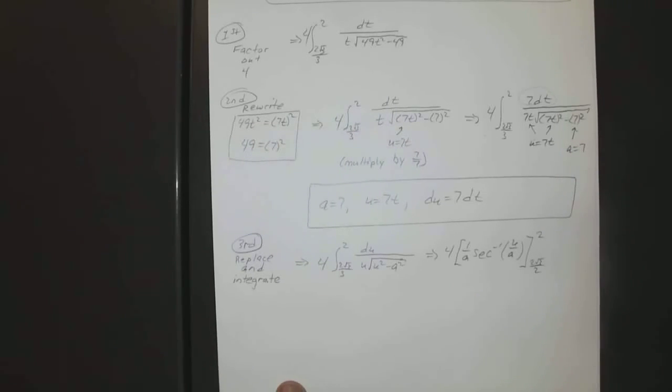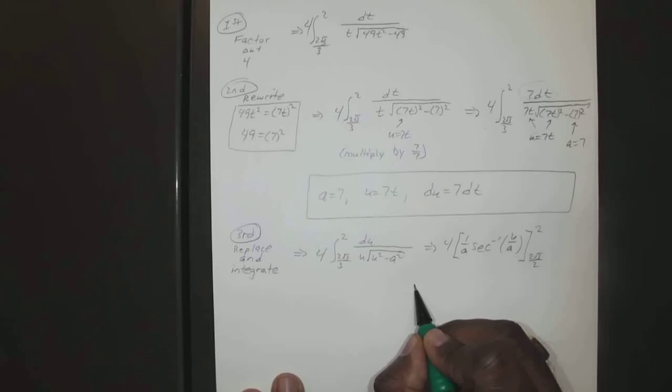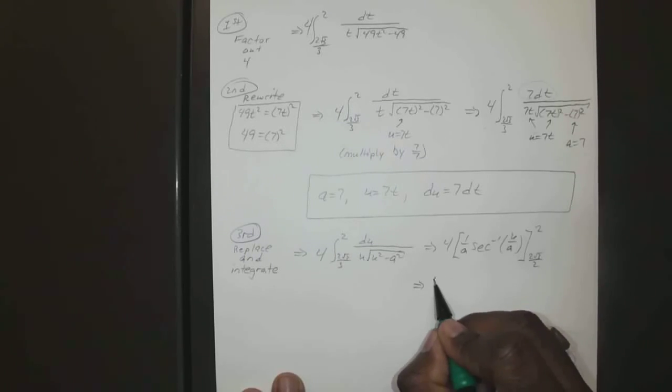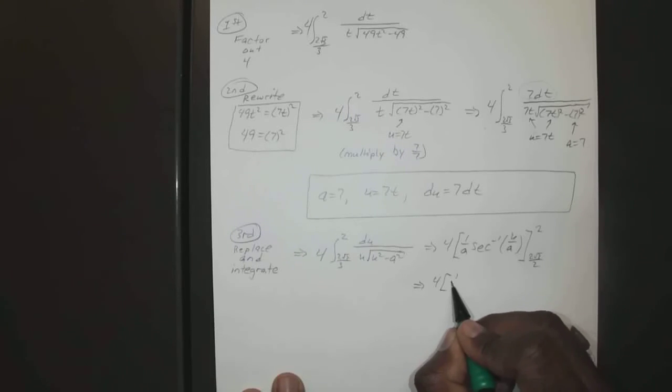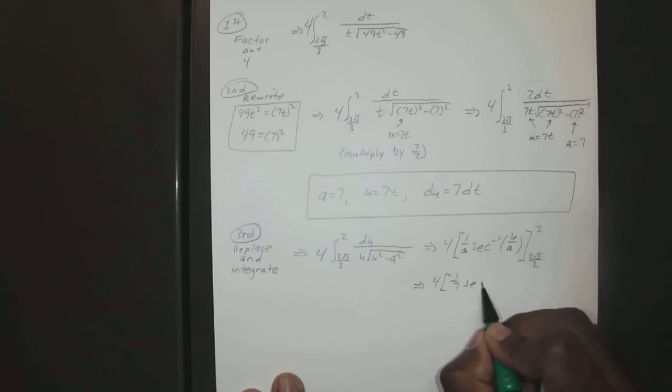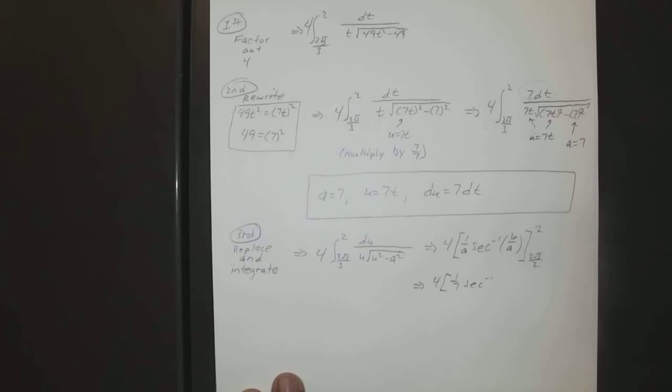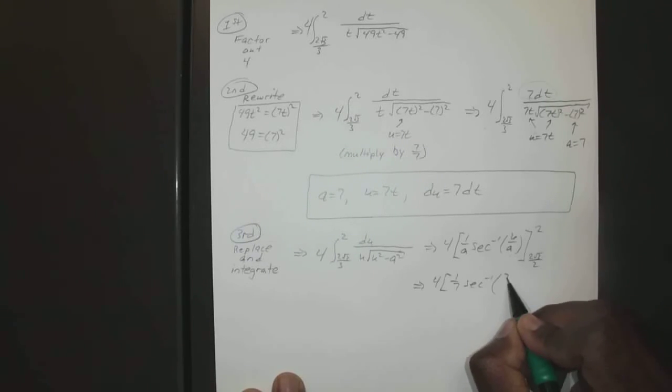Okay, so once we replace our a's and our u's, that's 4 times 1 over a, so that's 1 over 7. Secant inverse of u over a, so that would be 7t over 7.